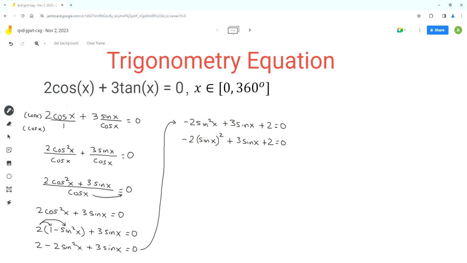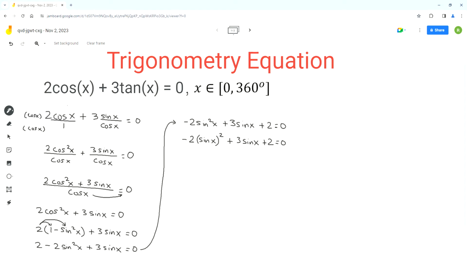So now we have to solve this quadratic equation. For that, we'll have to either factor this equation or use the quadratic formula. Now this is a trinomial and it's a complex trinomial because the coefficient of the square term is not 1. So we can factor this equation. For that, we can factor out negative 1 from all three terms to make the first term positive. That makes it easier to factor the trinomial.